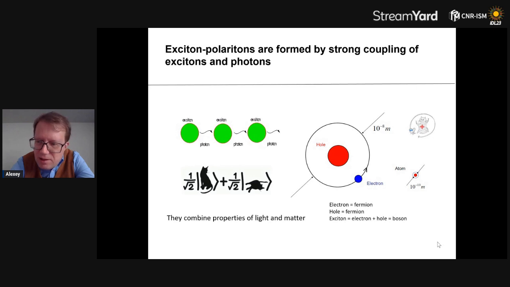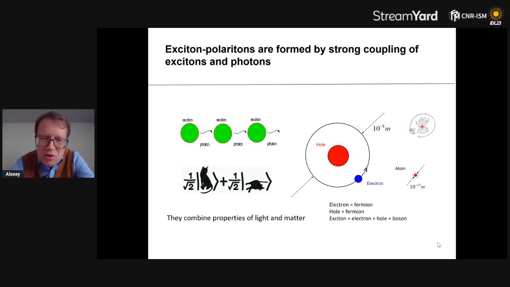But if we are still in the semiconductor or in a semiconductor structure, this emitted photon can be reabsorbed and it can create the exciton again. And then this exciton can again emit a photon, and the photon can be again reabsorbed, and so on and so on. So from the point of view of quantum mechanics, you can never tell before you do the measurement where and when you have an exciton and where and when you have a photon.